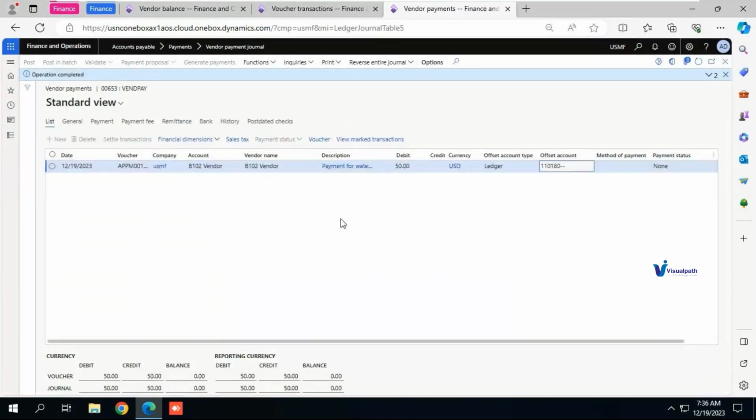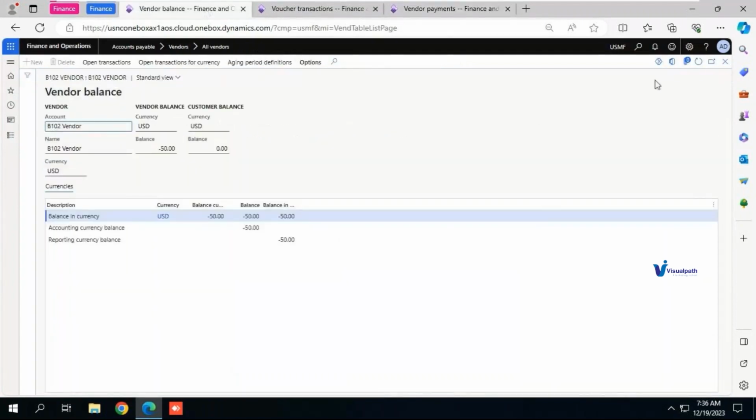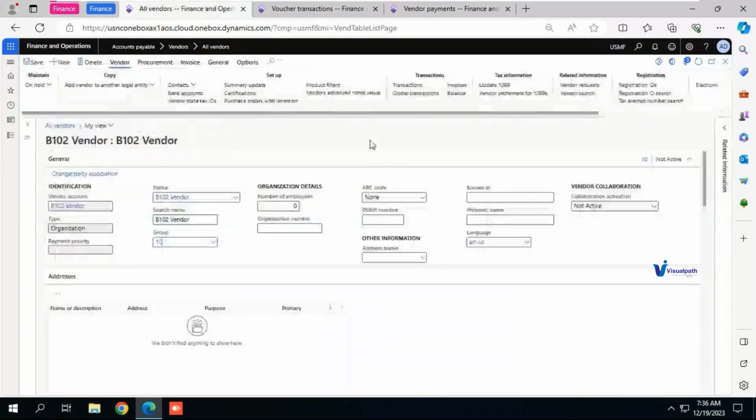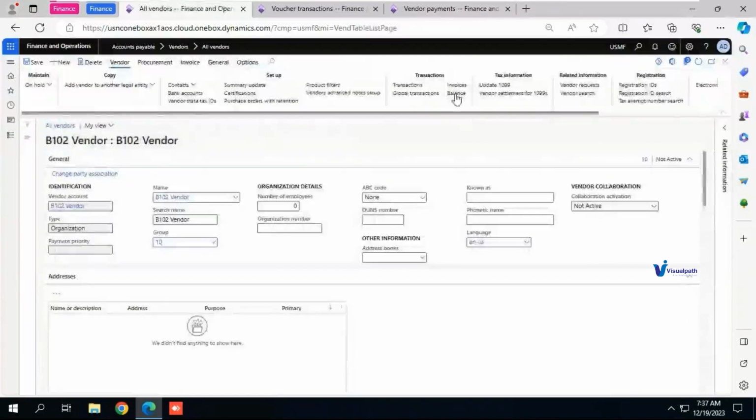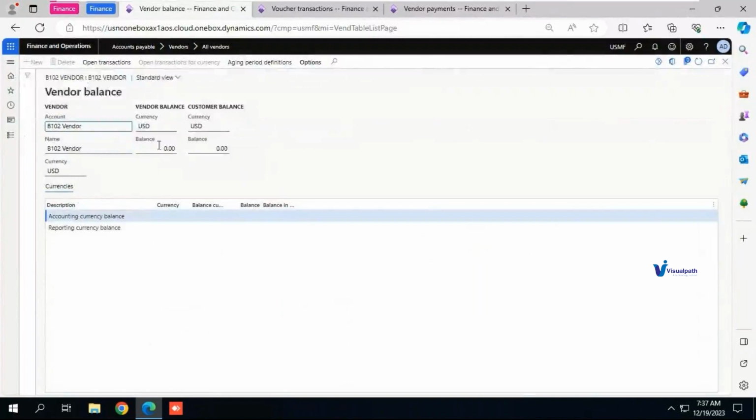If you click on save, it will update here and then post. Now if you go to vendor balance, at the time of payment, if you verify the transaction, it is debit. So net balance is 0. And if you verify the balance amount, it will show you the balance amount is 0 because I have paid.